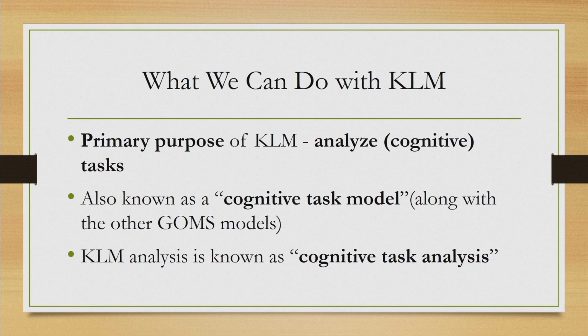This type of analysis is also known as cognitive task analysis, and the corresponding models that are used to perform this analysis are sometimes known as cognitive task models. KLM is one example of such models, and KLM analysis is one example of such cognitive task analysis or CTA. Other GOMS models fall into this category, plus there are other models which we will not have time to discuss in this course.